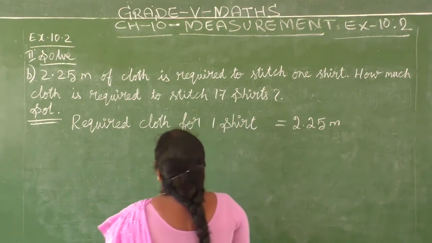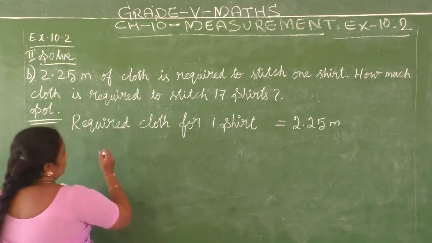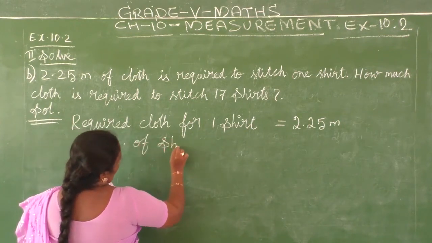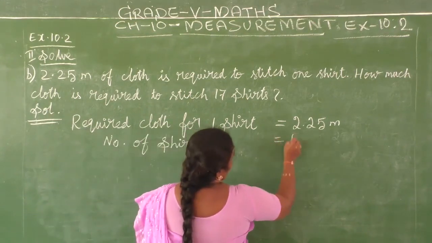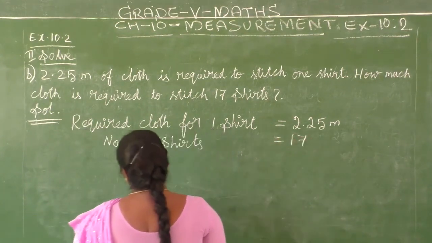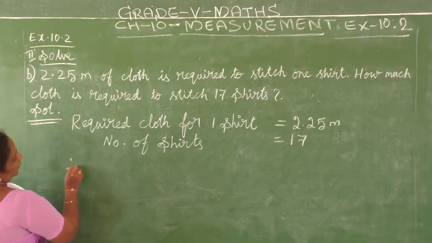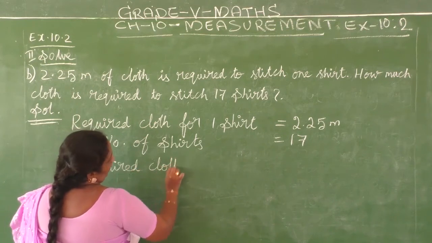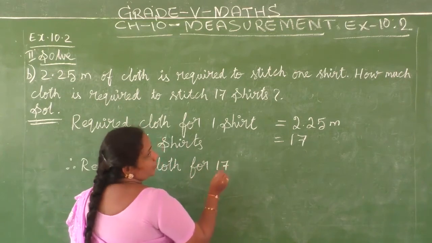Now, how many shirts are they asking? The cloth for 17 shirts. Number of shirts they gave is 17. Then, therefore, required cloth for 17 shirts.